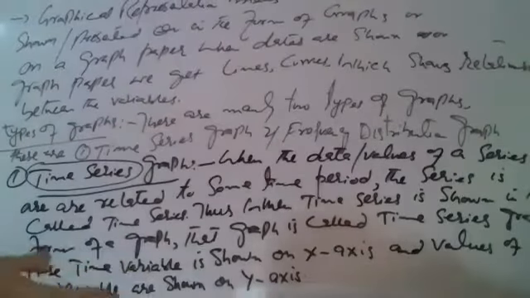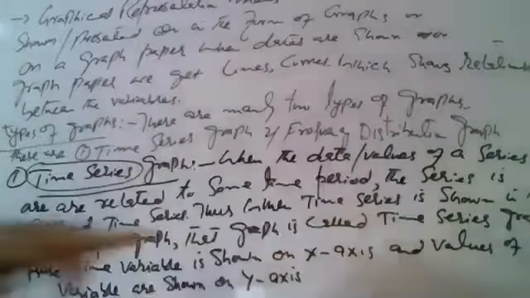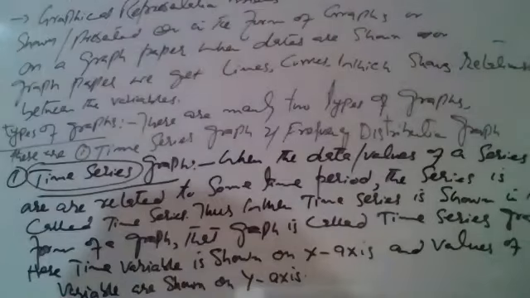The time variable is shown on x-axis, जिस तरह years हम x-axis पे लगाते हैं और values y-axis पे लगाते हैं. So graphical representation of time series data is known as time series graph.